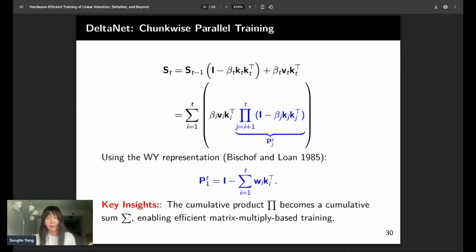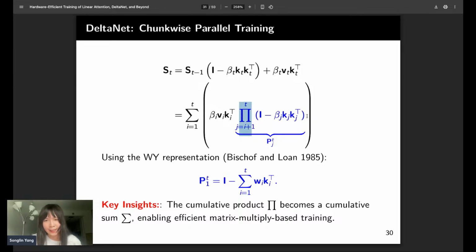For arbitrary RNNs with an arbitrary transition matrix of size d by d, this cumulative product computation will be very computationally intensive. However, DeltaNet uses a structured transition matrix of the form identity plus low rank. In this case, there are existing algorithms for fast computation.